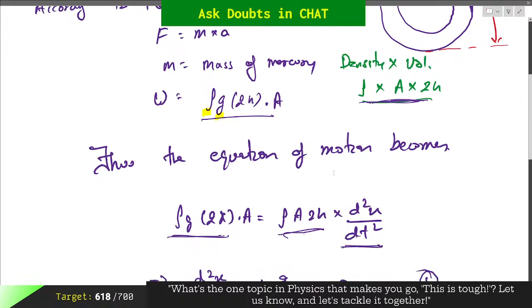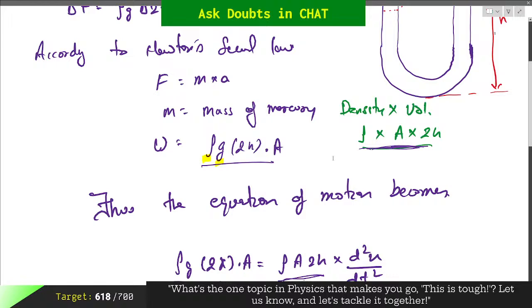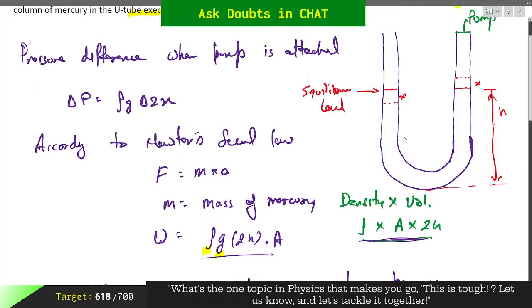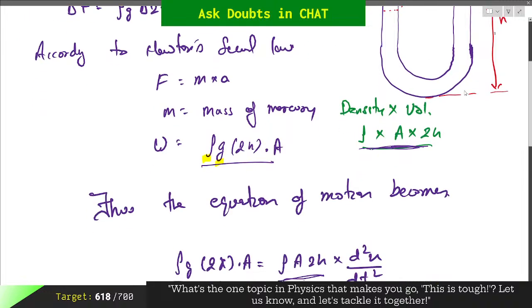Here the restoring force would be equal to the difference in the height of the mercury after the equilibrium is disturbed. Let us assume the suction pump sucks out an amount x of fluid from one of the tubes, so the displacement would be equal to 2x.